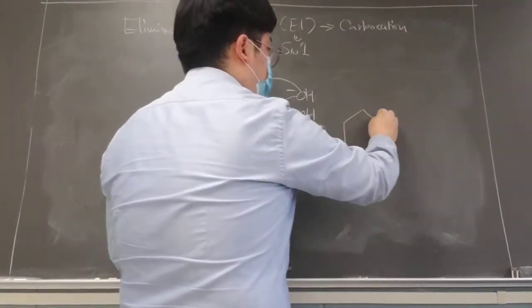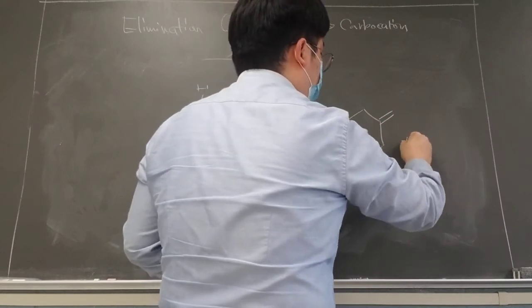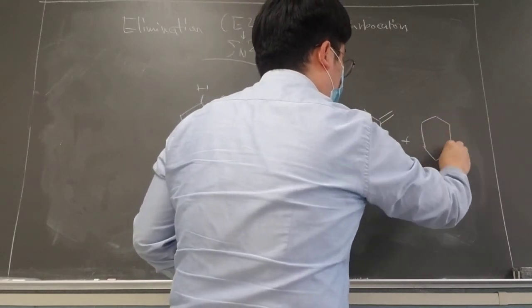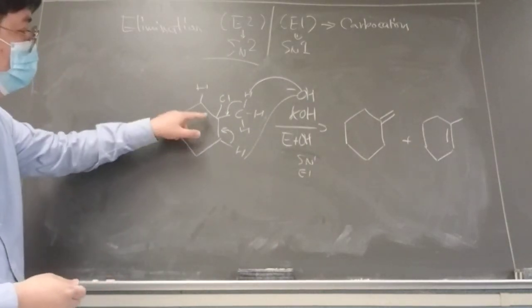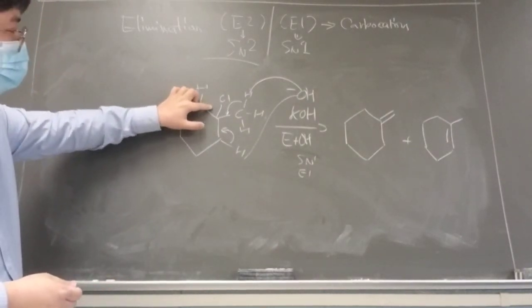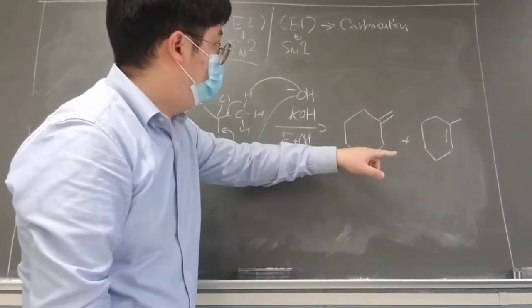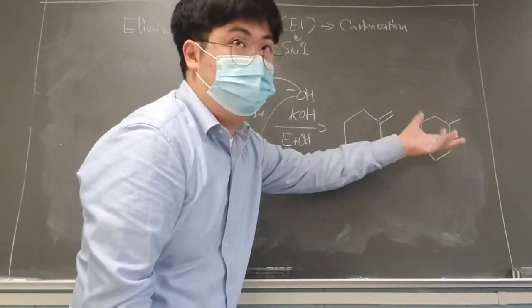So you can have this one either way, because this will be the same anyway. You see this one, right? Either you have a double bond here or here, it will be the same anyway.